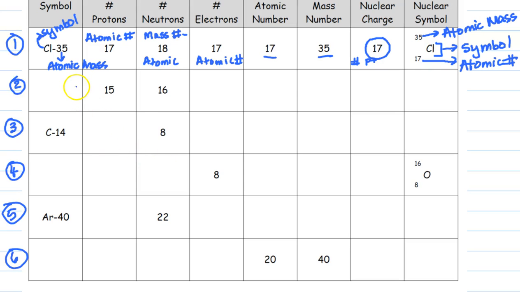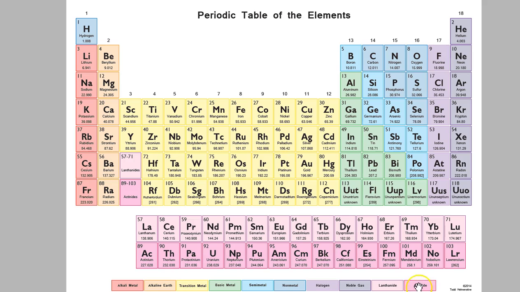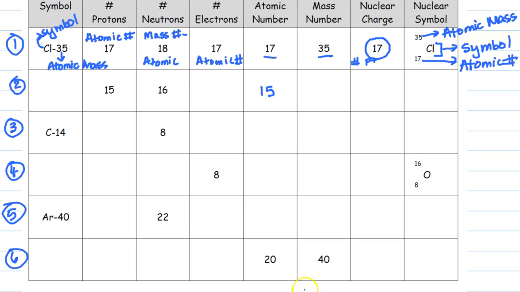In example number 2, we're told that there are 15 protons and 16 neutrons. So if there are 15 protons, then it tells me that my atomic number is 15. And I can go and look at my periodic table, and I can see that element 15, or the element with the atomic number of 15, is phosphorus.